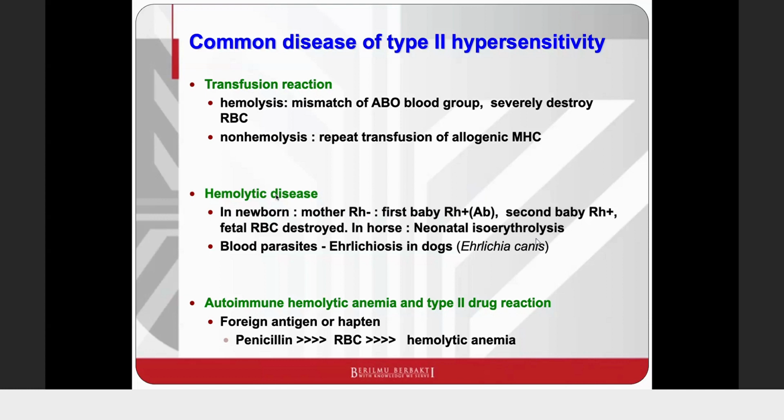So there is also a transfusion reaction that is non-hemolytic, meaning it does not involve RBC, which is actually MHC. Remember, when you want to do organ transplantation, you need to also perform MHC typing. Allogeneic MHC means the same species, even from one individual to another individual.